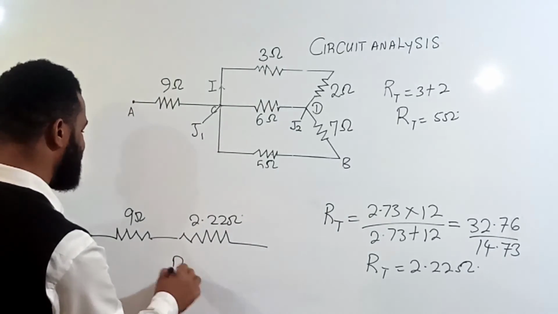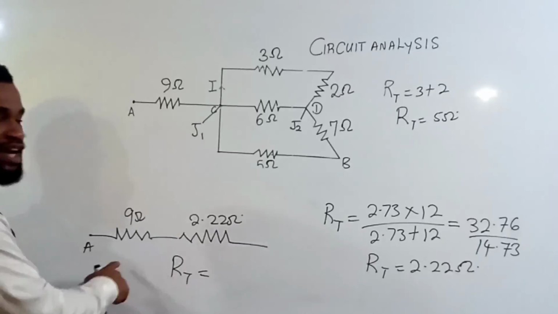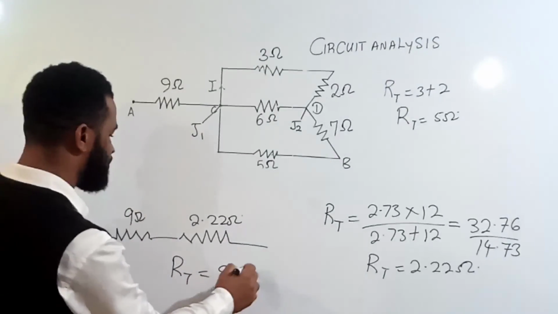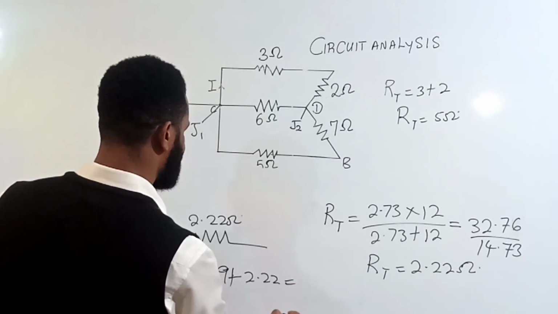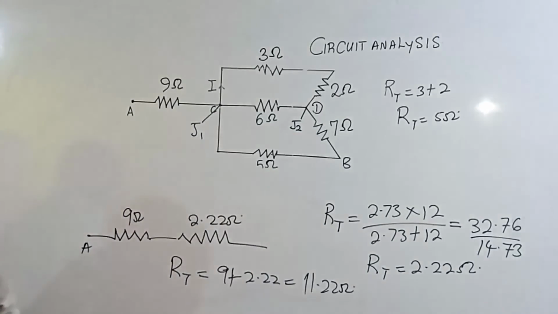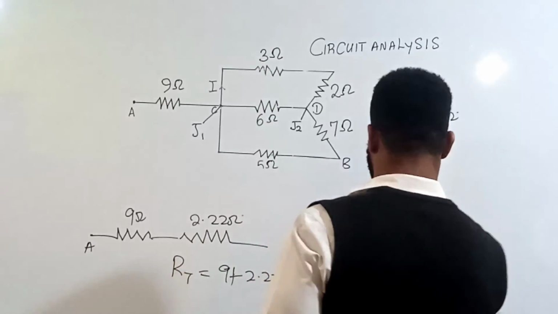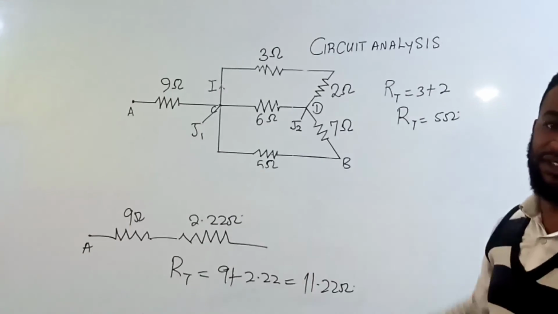Therefore, since they are in series, we don't multiply. This is series arrangement. So it's 9 plus 2.22, which is equal to 11.22 ohms. So this is how you can analyze it to have this answer.